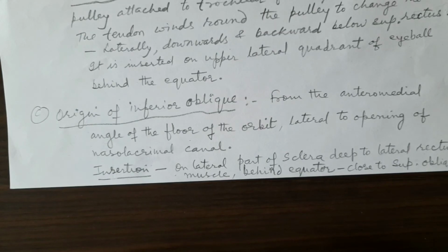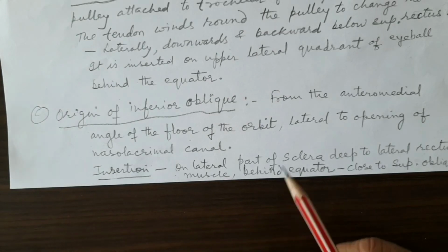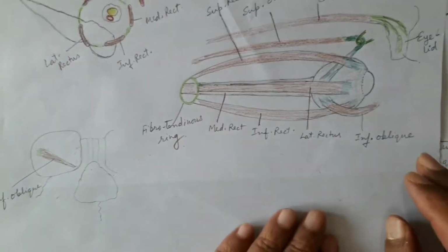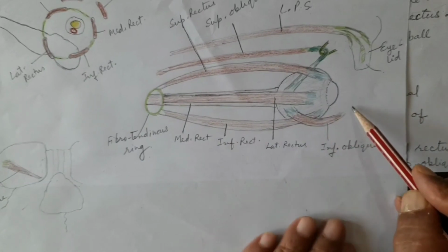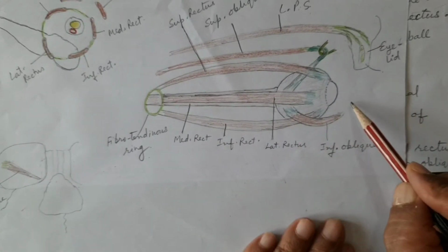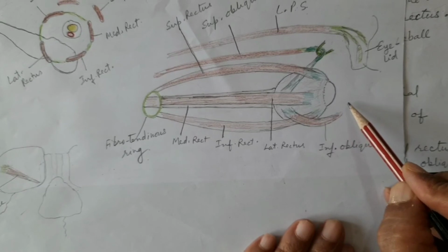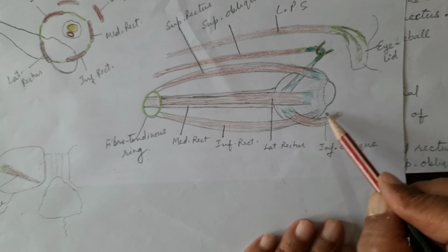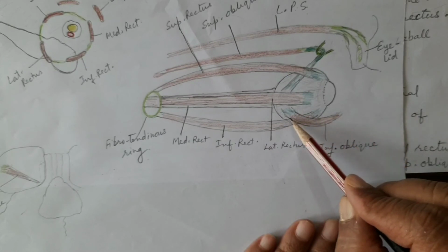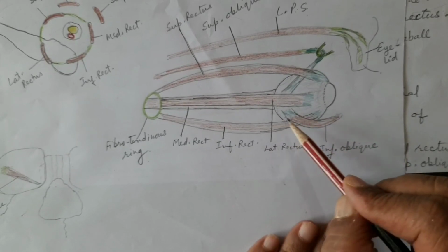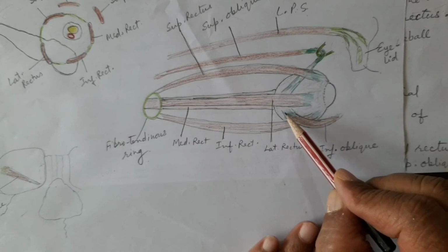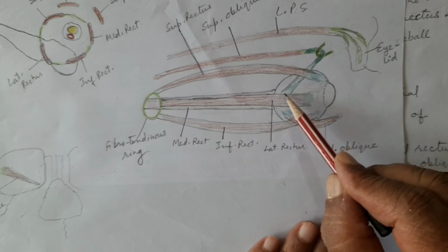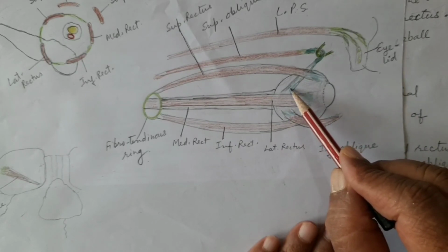So then the insertion will be on the lateral part of the eyeball, let me show you where the insertion is. With this diagram you may get some idea that after taking origin from the medial angle of the orbital opening near the floor, this muscle is running inferolaterally, that means laterally and backward, and then it will come onto the lateral aspect of the eyeball, very close to the lateral rectus, also very close to the insertion of the superior oblique.